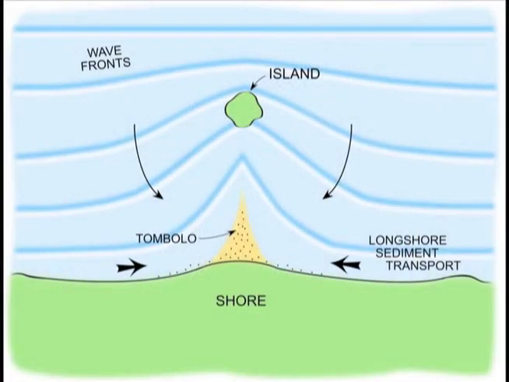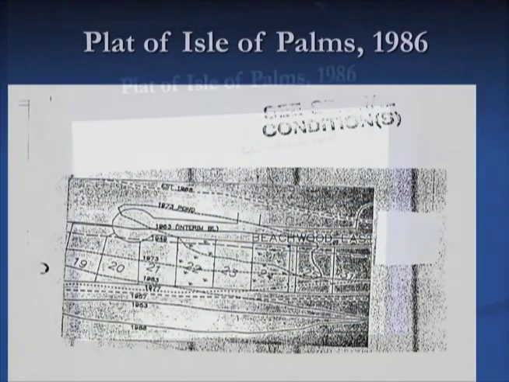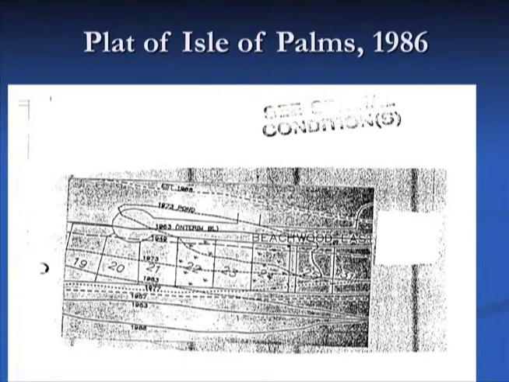So now let's see a little of the dynamics here. Some of you are familiar with this. We have the longshore transport, and it gets reversed due to the refraction from the sandbar out here, and that causes erosion here. The result of that, this is from Isle of Palms, shows the beach line by years.